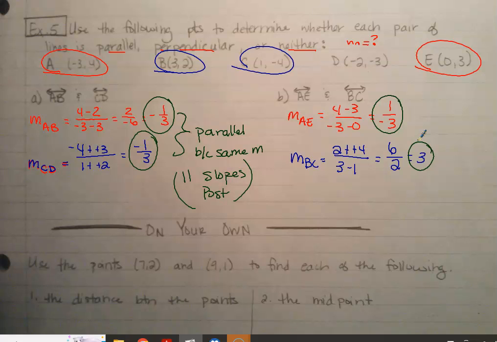Okay, so remember the perpendicular slopes postulate, the product of the slopes is negative 1. So if we took negative 1/3 and multiplied by 3, okay, our 3's would cancel. That would give us a 1. Negative 1 times 1 is negative 1. So hey, the product of their slopes is negative 1, so these are perpendicular.